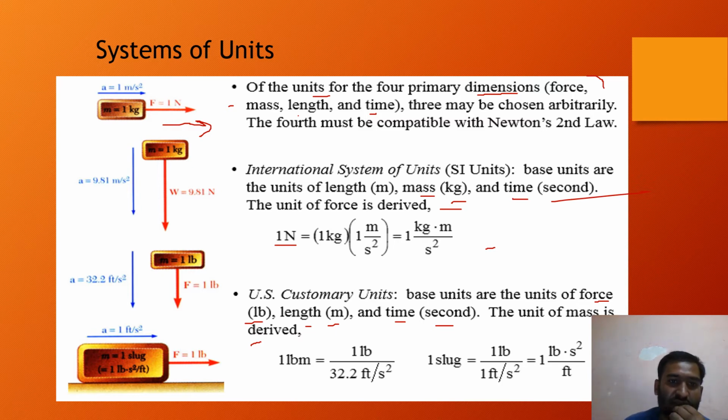As you can see here, if it is the mass in the downward direction, that time is weight, equal to 9.81 Newton, the g value, and the acceleration is as well 9.81 meters per second squared. If it is in pounds, that time we are changing the units, that's it.